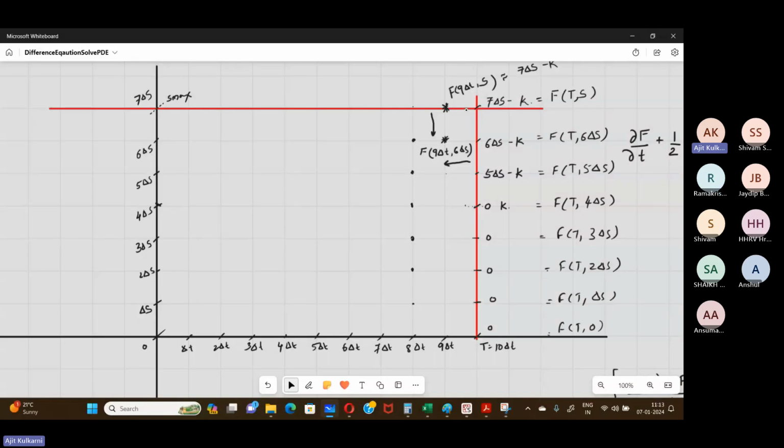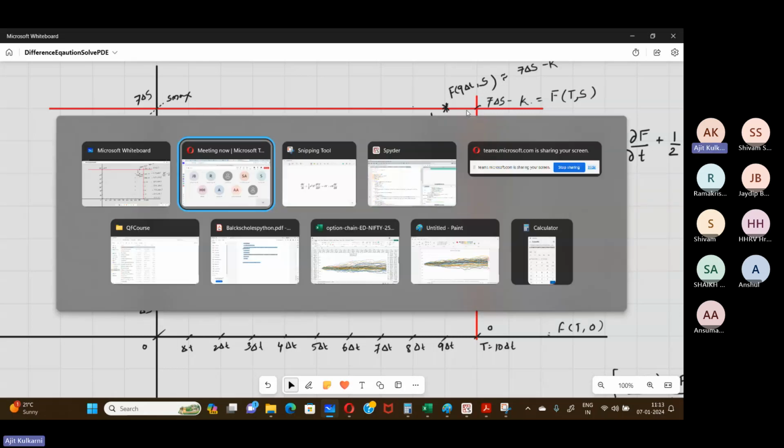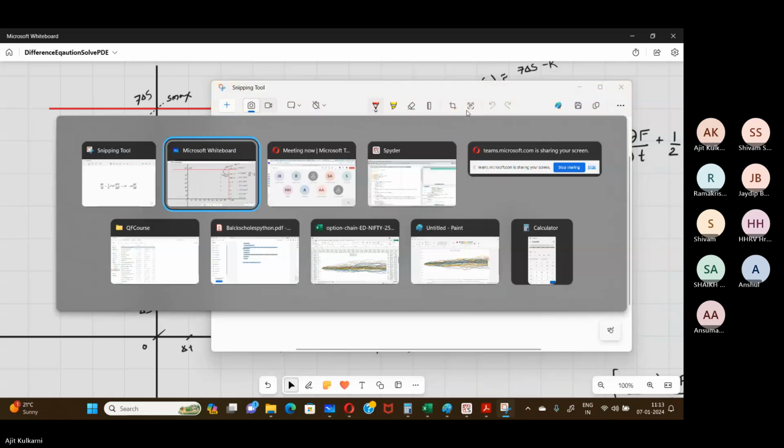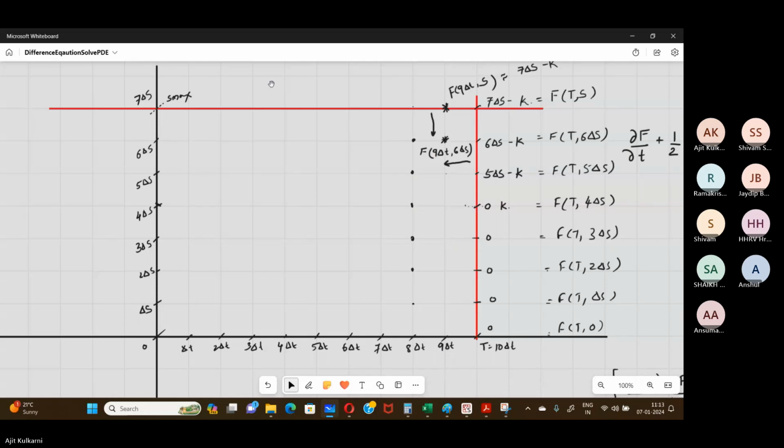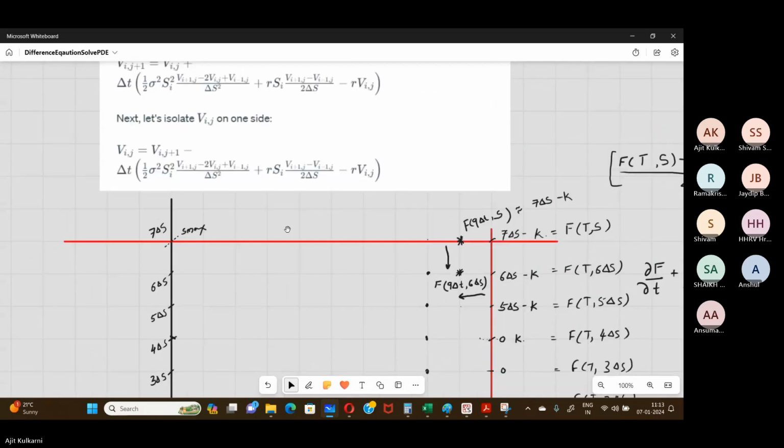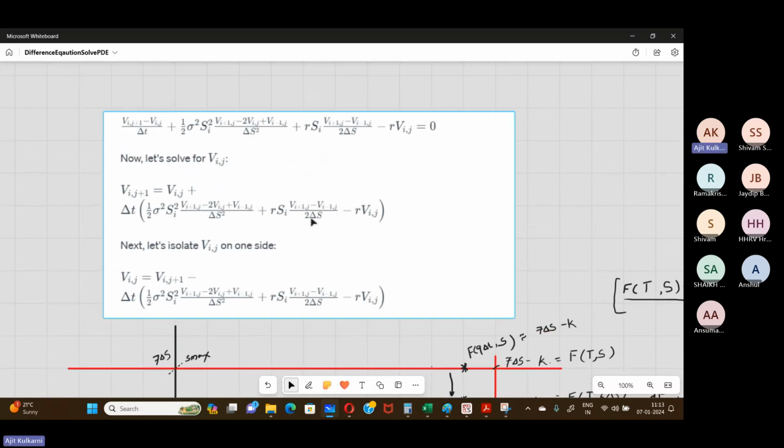So your objective is to come up with the discretization scheme. The Black-Scholes model roughly looks like this: v at i comma j plus 1 minus v at i comma j, where i is with respect to spot and j is with respect to time.